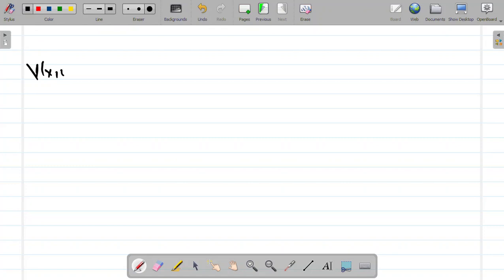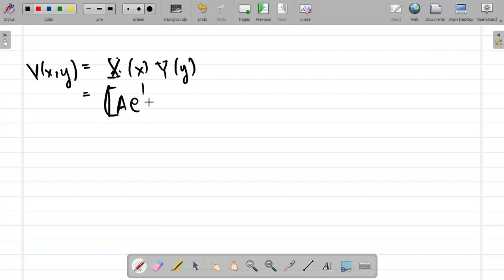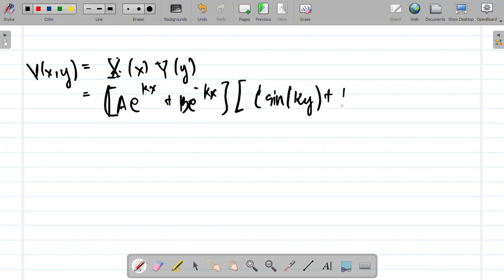So, now, ang general solution natin ay V of x, y equals X of x, Y of y. So, this is equal to A, gawin natin bracket, A e raised to kx plus B e raised to negative kx, times C sine ky plus D cosine ky.